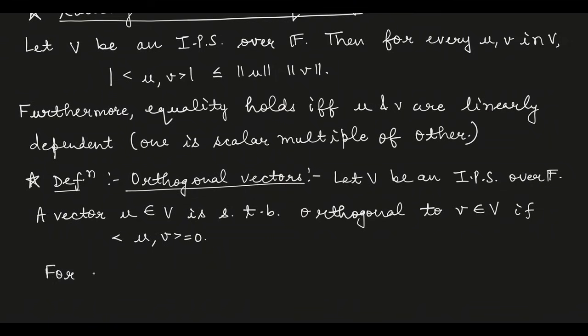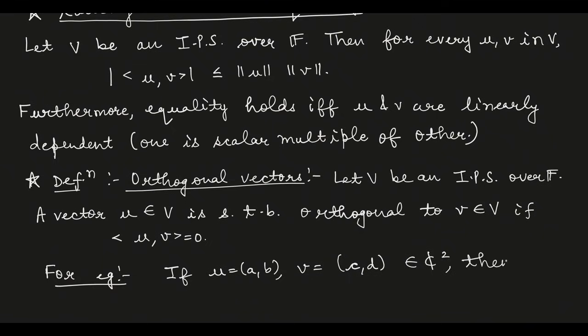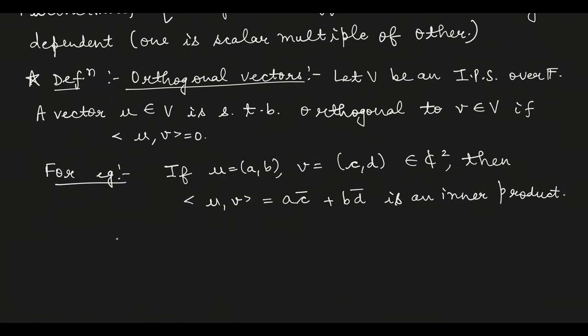For example, if U equals A comma B and V equals C comma D, which belong to C square, then the inner product of U comma V is A C conjugate plus B D conjugate. Now I need to check whether vectors x equal to 3 comma 5 and y equal to 5 iota comma minus 3 iota are orthogonal or not.